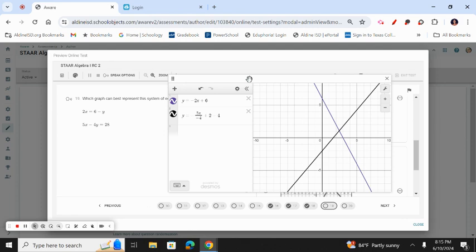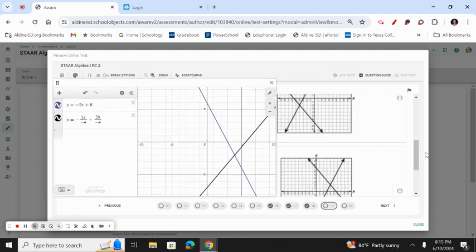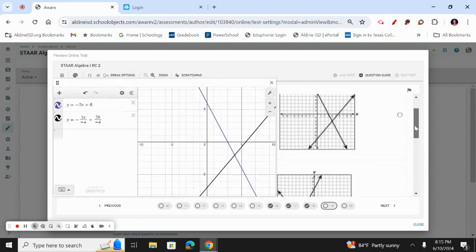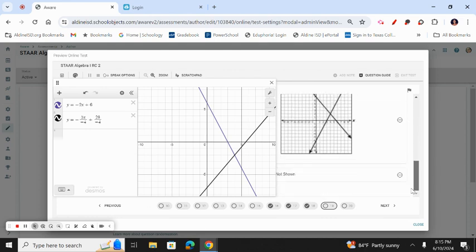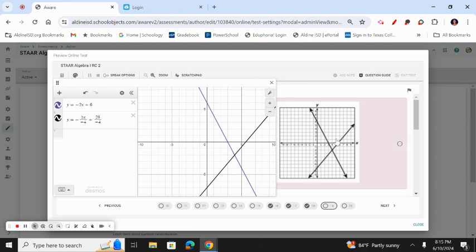Not right, 28. Okay, they're intersecting at 4, -2. Let's see. Looks like it could be A. Can it be B? Can't be that one. So the answer is A.